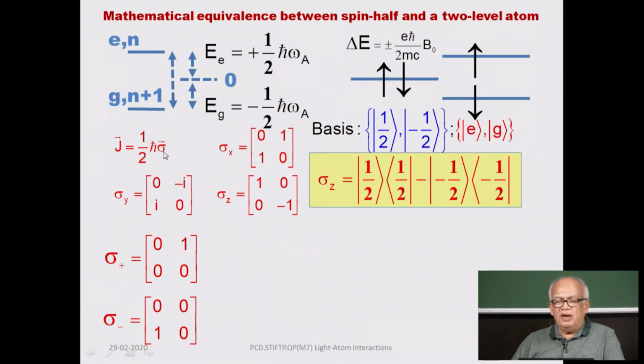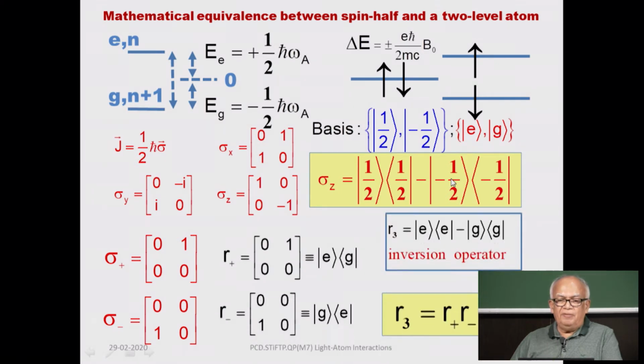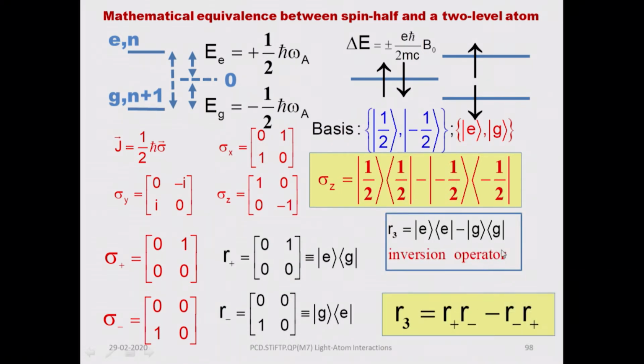So, sigma are the Pauli matrices, and you have got the raising and the lowering operators, the Pauli raising and lowering operators, which are sigma plus and sigma minus, and then you have got this inversion operator type of sigma z. And accordingly, you have this inversion operator for the atomic two-level system between excited state and the ground state, and corresponding to the sigma plus and sigma minus, you have got the R plus and R minus, which are given by exactly the same matrices.